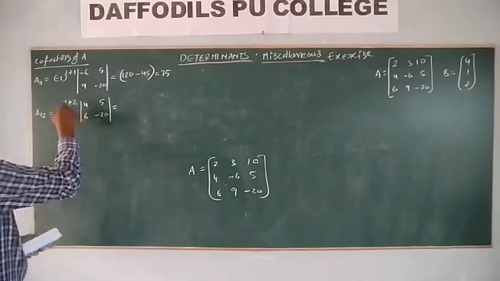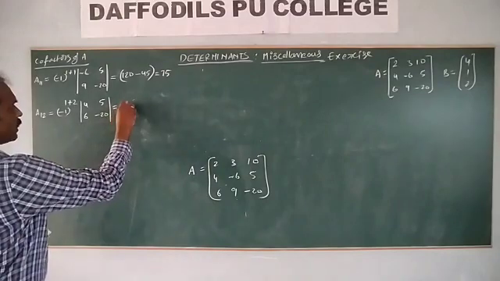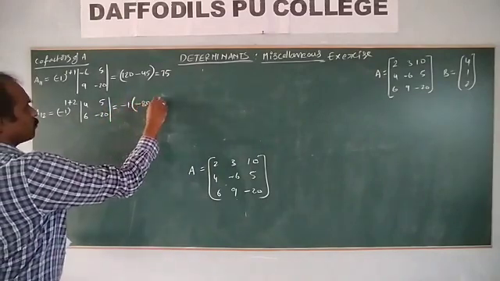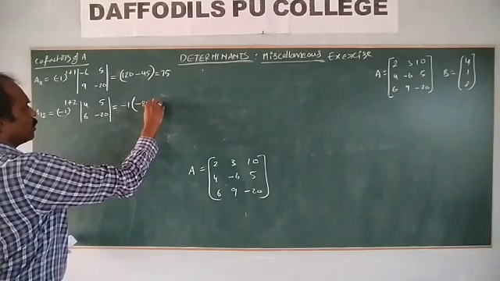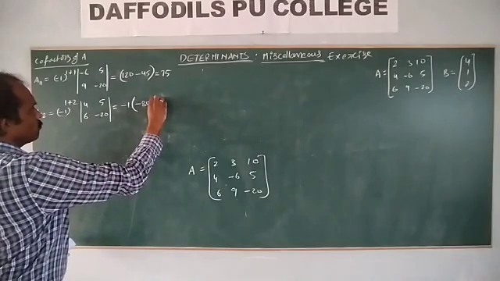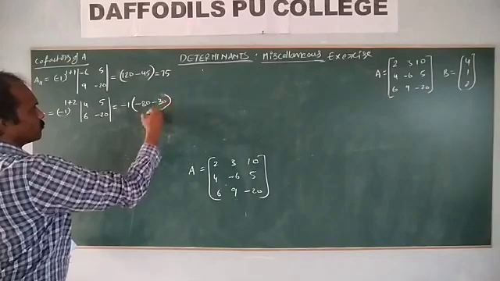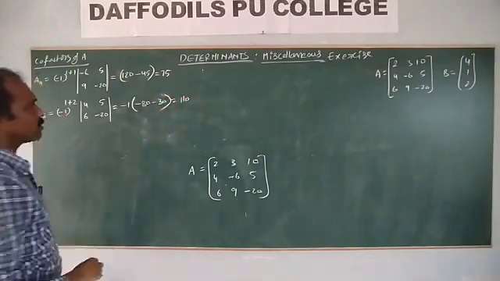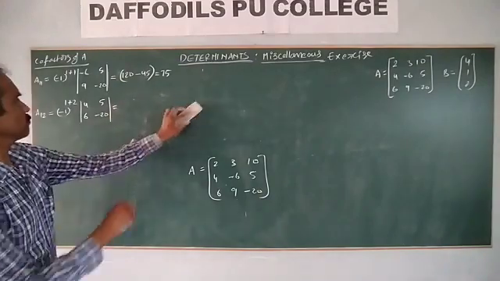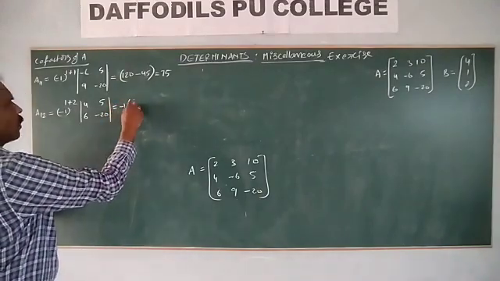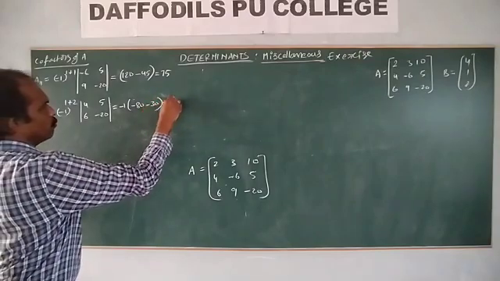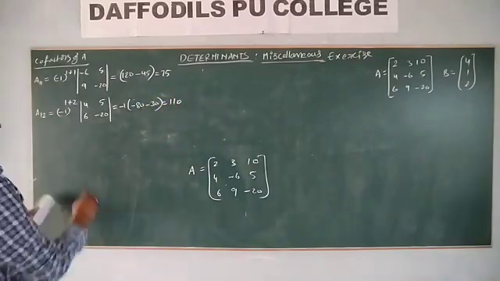This is equal to minus 1 to the power of 1 plus 2 times minus 80 minus 30. This is equal to minus, minus 80 minus 30, which gives plus 110.